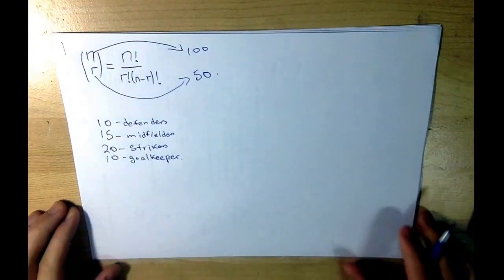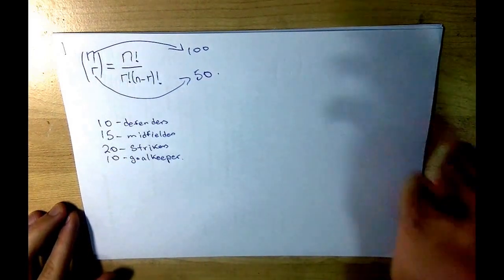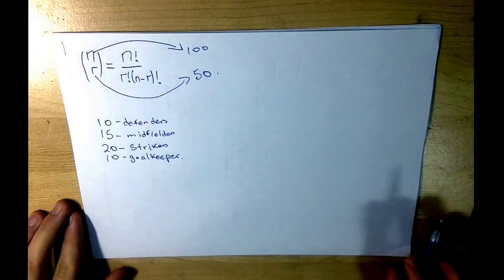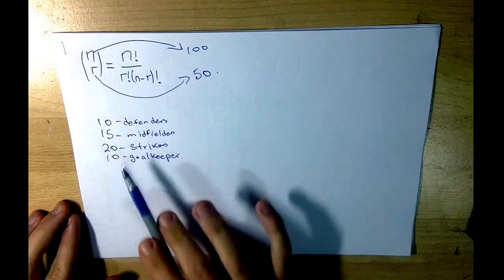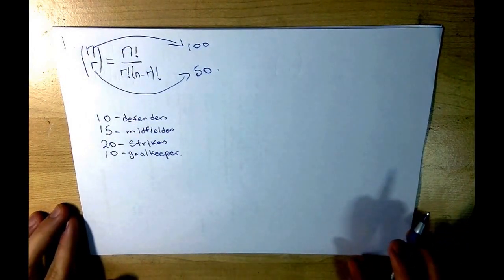Of course, you know that a team consists of 11 players, so in the field we can see only 11 of these people.